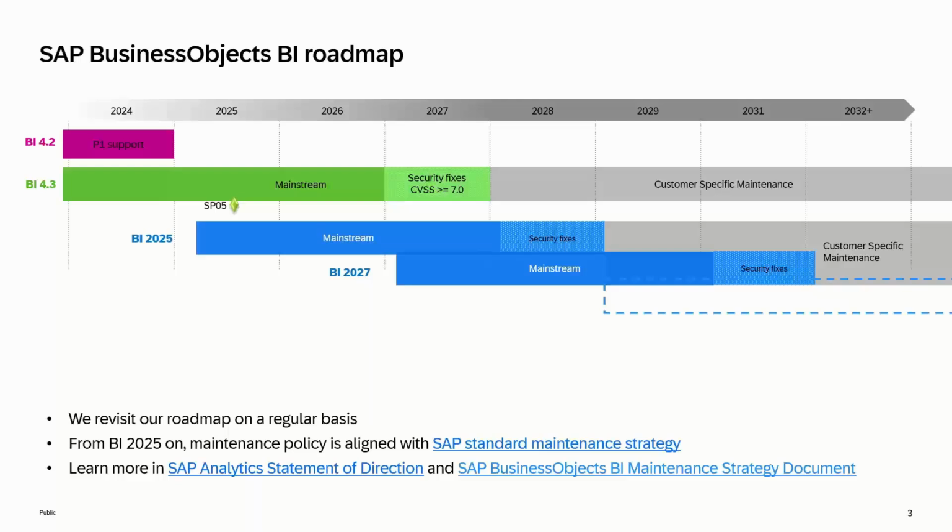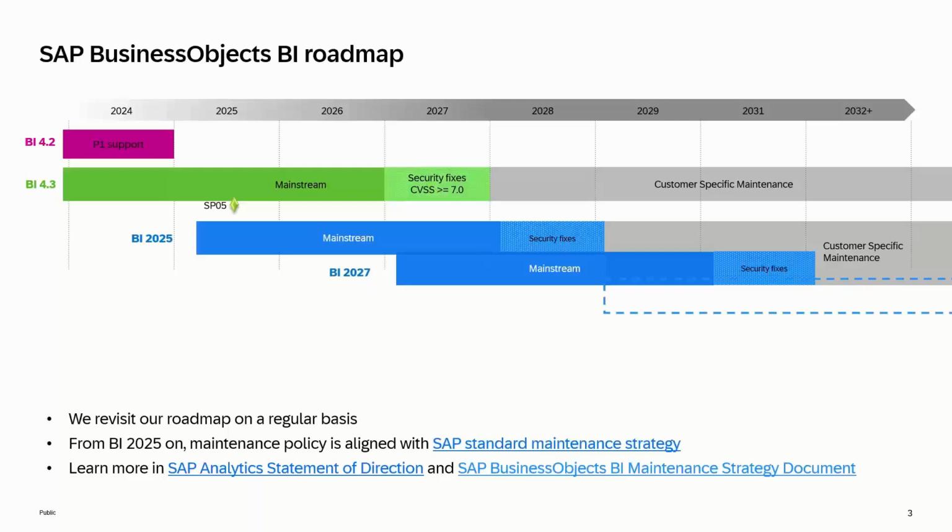But what is important for you here is to consider BI 2025 as a 4.4 in terms of gap, in terms of effort to upgrade from the previous releases. And you can see BI 2027 as a next support package. It's really similar to what we were doing before with support packages every year. Now we have a support package or a minor version every 2 years.